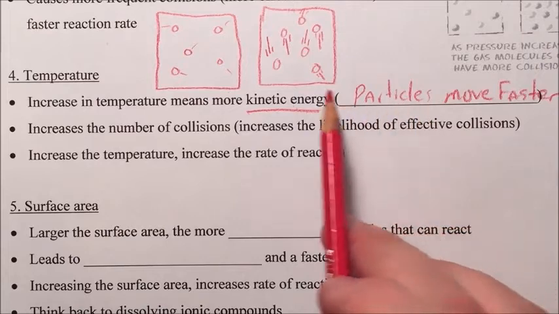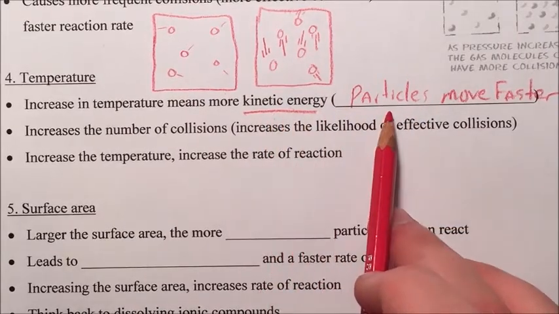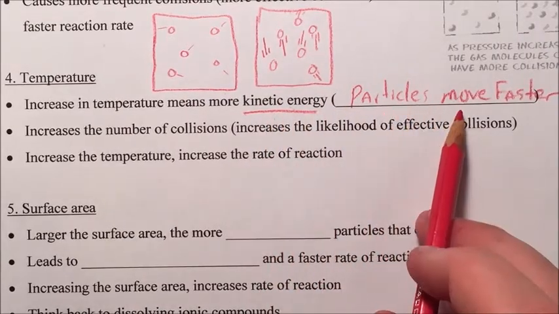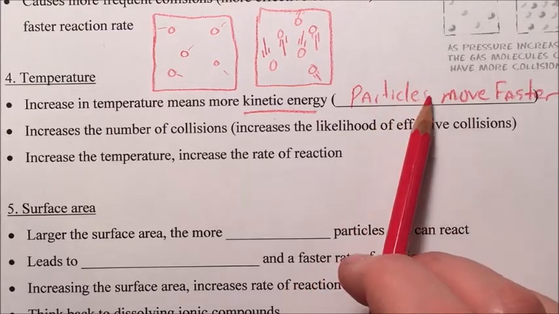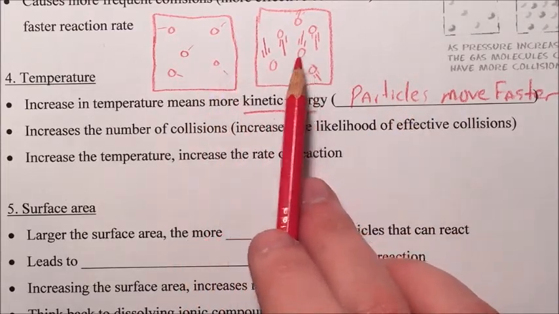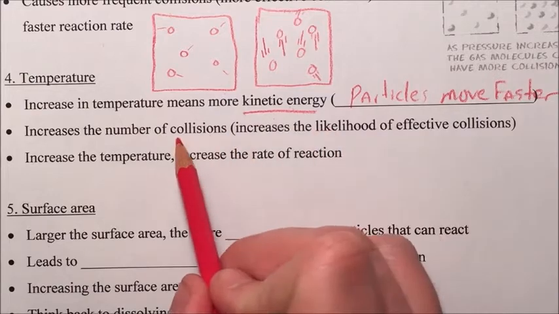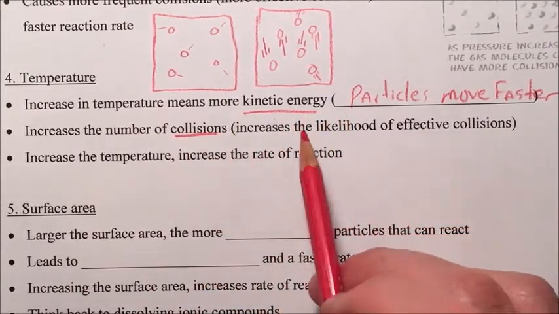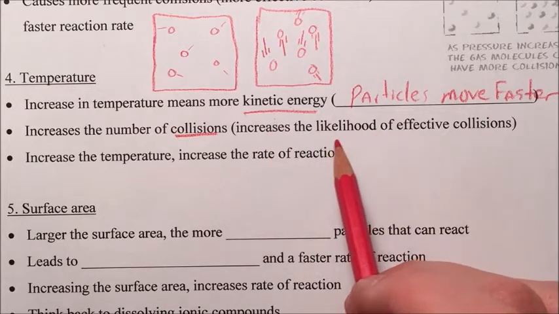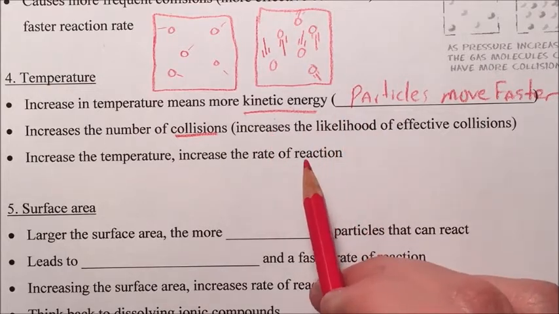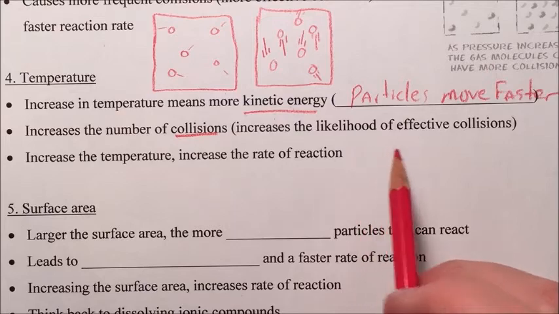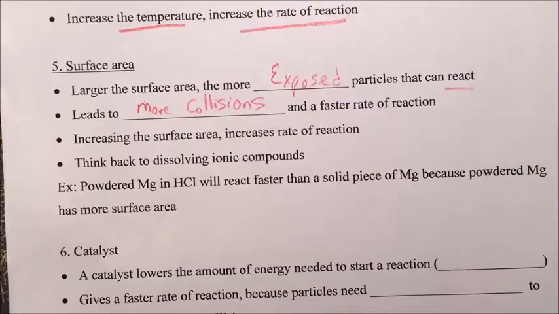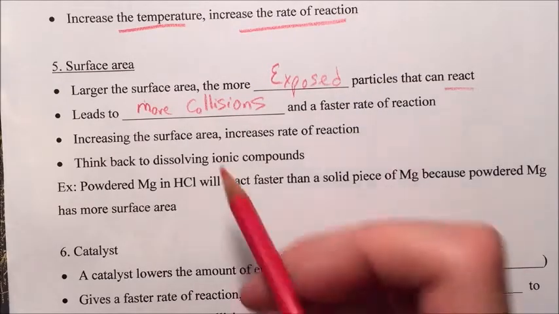So if we're increasing the kinetic energy, this causes particles to increase in their speed. When we increase their speed, as you can see in these two diagrams, we're going to increase the number of collisions, right? We're going to increase the frequency because they're moving faster. And again, just like we said before, the whole aim of these has been to increase the likelihood of an effective collision.